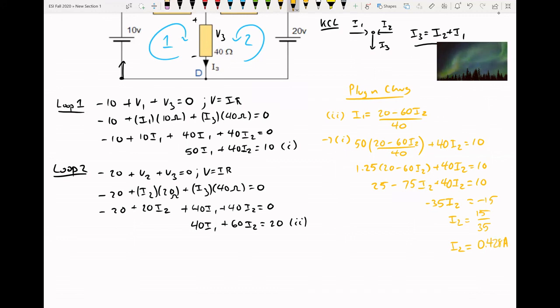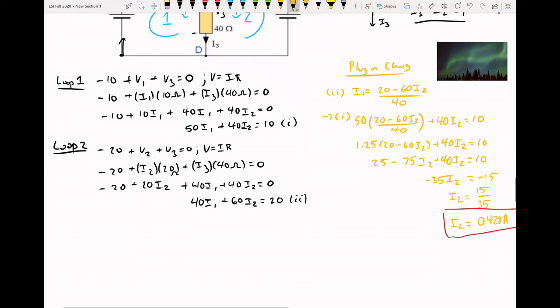All right, so that's part 1. And if we continued on, all we had to do is come in here and say, we go to equation 1 and say 50 I1 plus 40 times 0.428 amps is equal to 10.